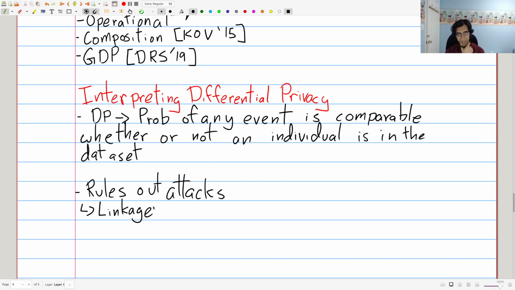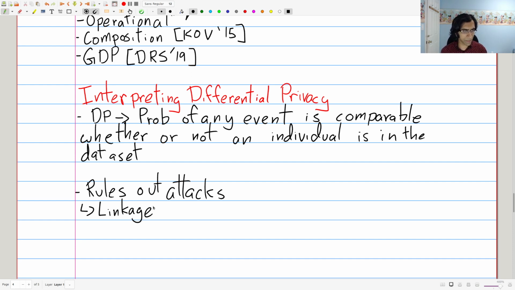Because whatever it outputs has a similar probability of coming out whether or not you were actually in the data set, you can reason that the probability of this bad outcome, where somebody manages to link you to something, is very similar to the case when you're not in the data set.